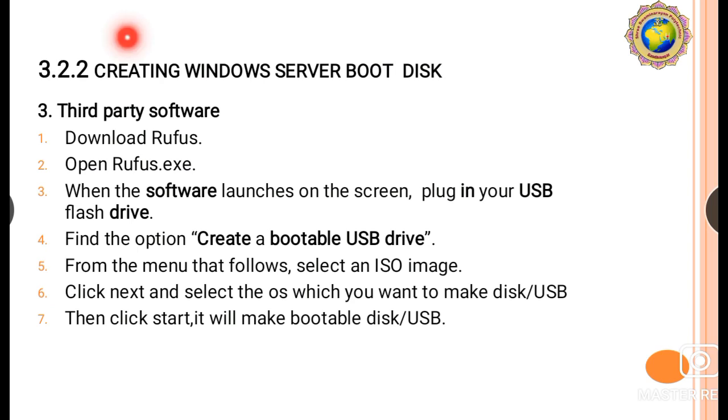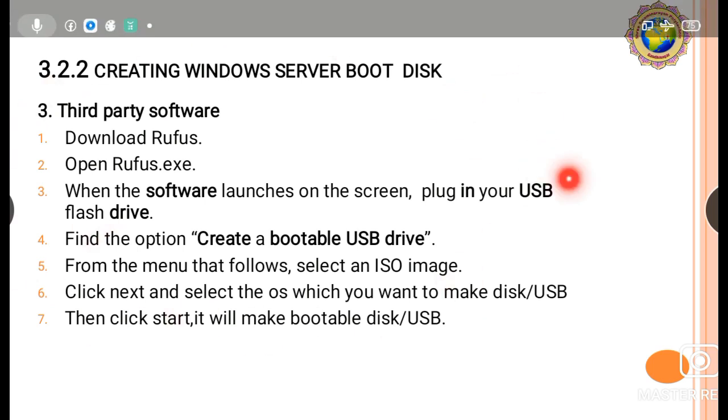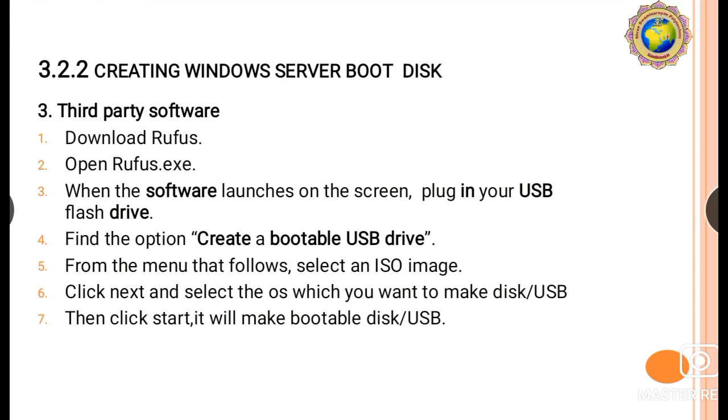Here is the third-party software option for the Windows Server bootable disk. These days we generally all use third-party software for creating a Windows Server bootable disk. First of all, you have to download Rufus software from any browser, then open the rufus.exe file.